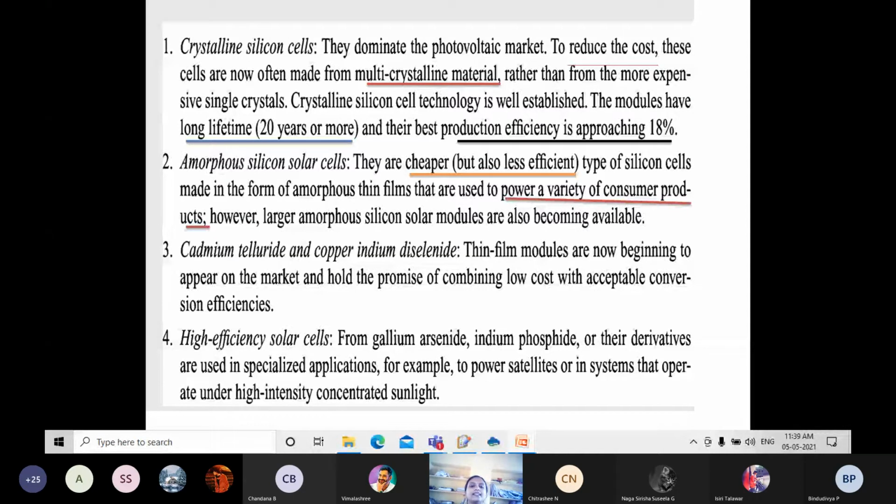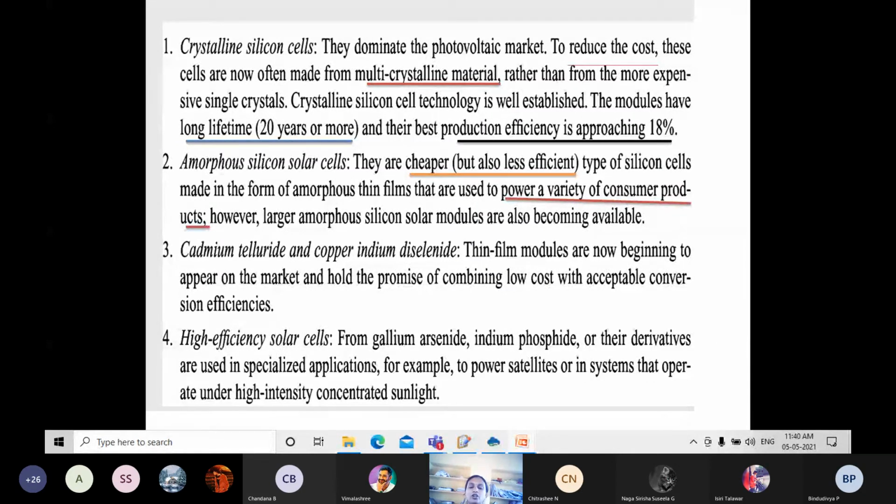The crystalline silicon cell technology is well established, the modules have a long life, 20 years or more, and the best production efficiency is approaching 18%.